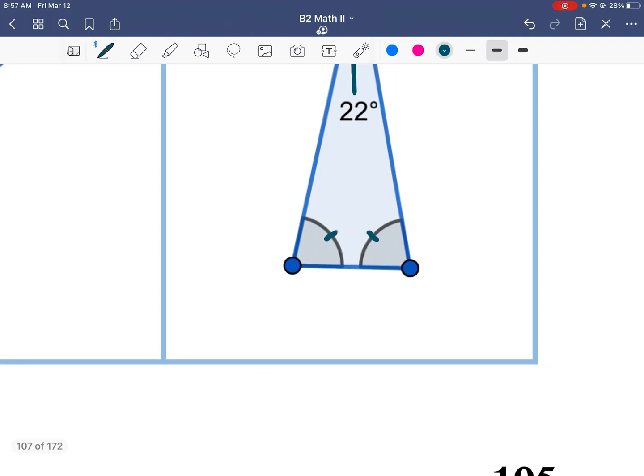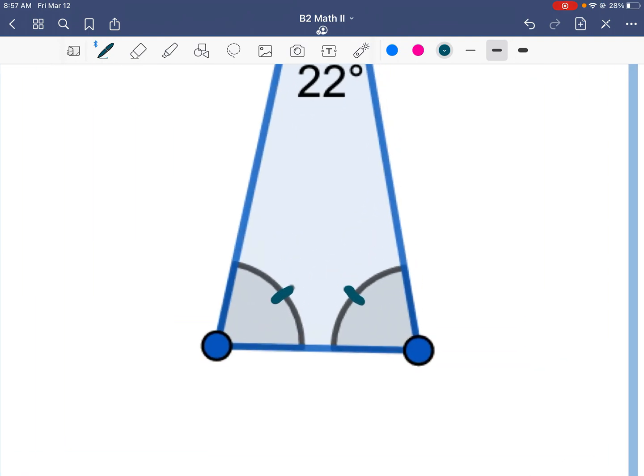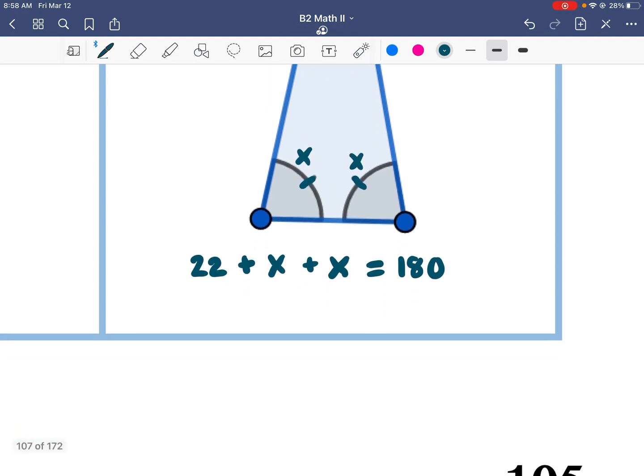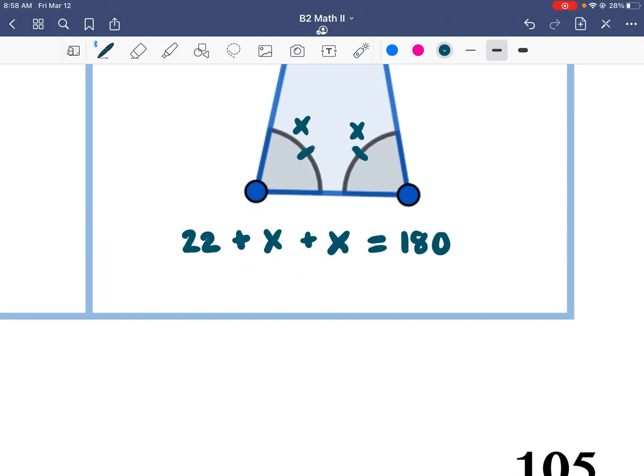So this is going to look a little bit more algebra-y than the other ones do, and that's because we do have to do a little bit of algebra here. We only have 22 as one of the angles, and then we don't know the other two, but we do know that they're the same. So I'm going to call it x, because we are wondering what those angles are, and 22 plus x plus x equals 180 degrees. So we just named this value x, and because they're the same, we're calling them both x.